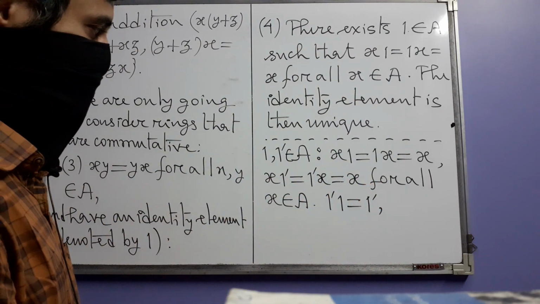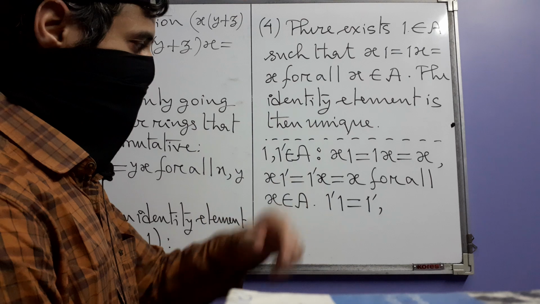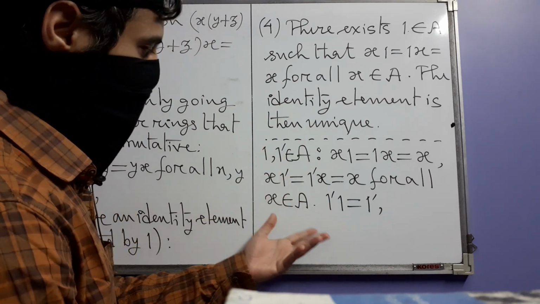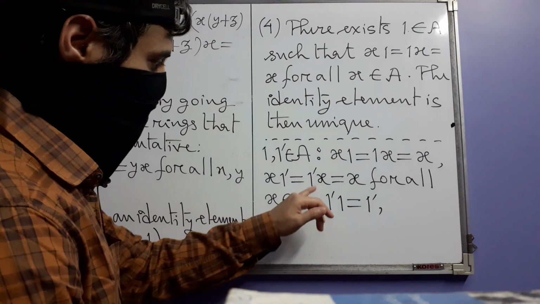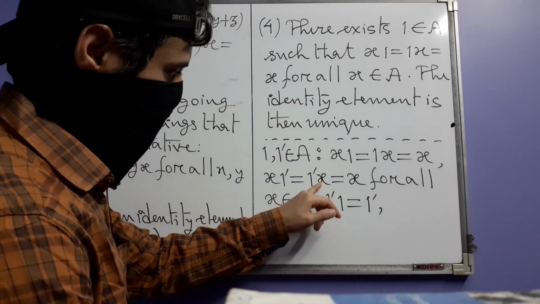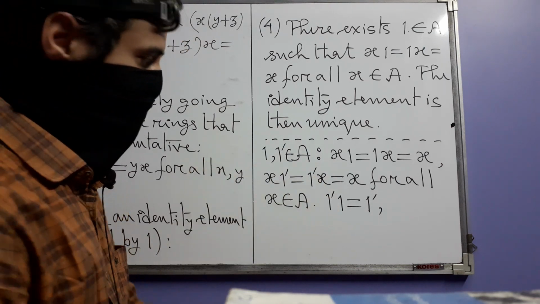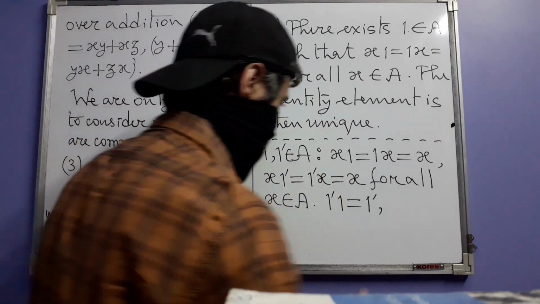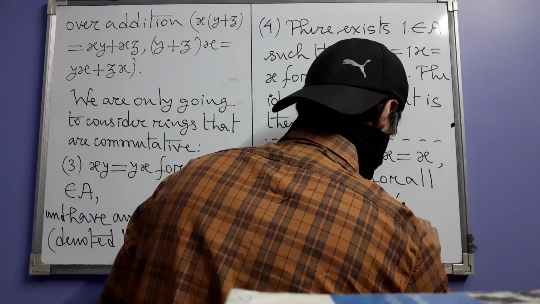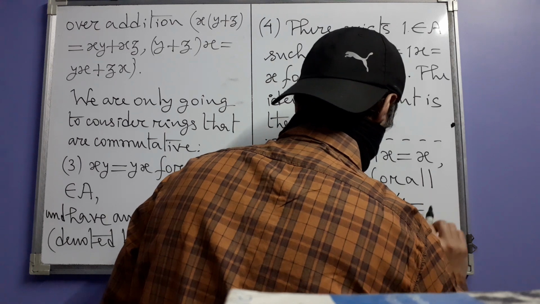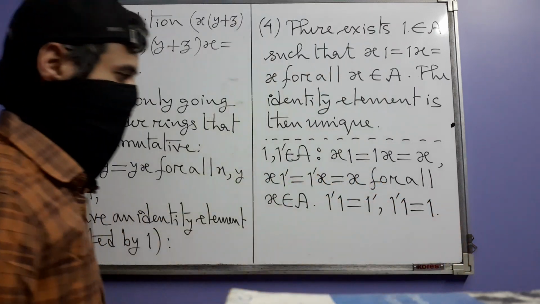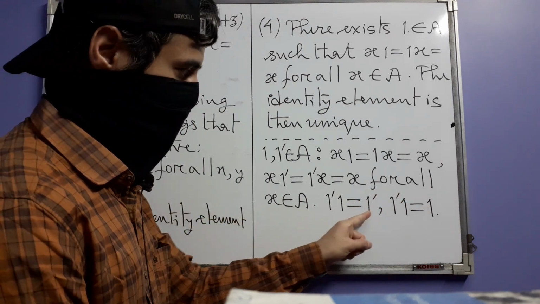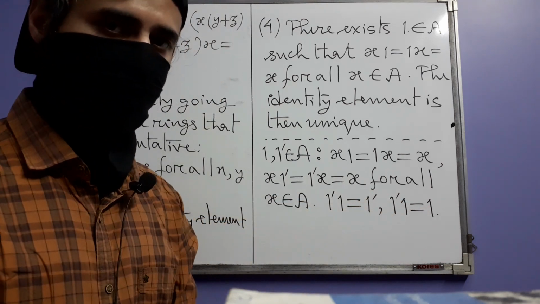But at the same time, now let's look at the second set of equalities. Here, these are also true for all x belonging to A. So in place of x, now if I take 1 and use the fact that 1 prime x is equal to x, what shall I get? I will get 1 prime 1 is equal to 1. So 1 prime 1 is simultaneously 1 as well as 1 prime.